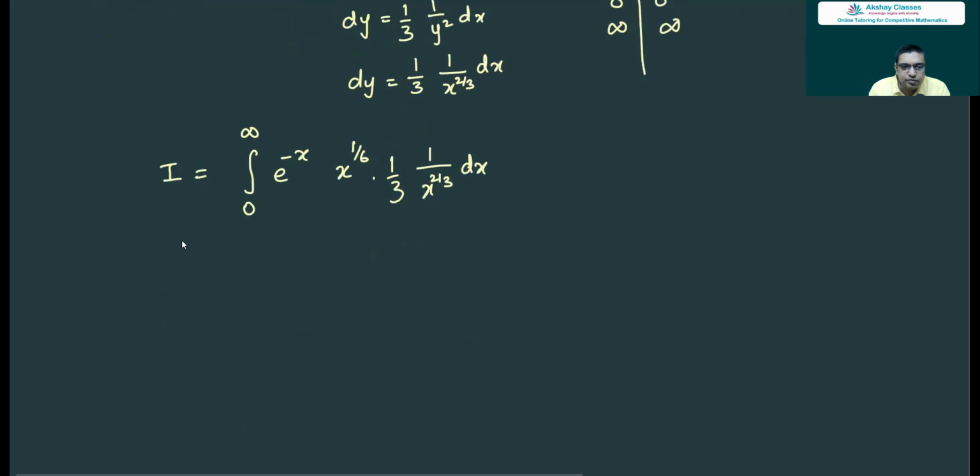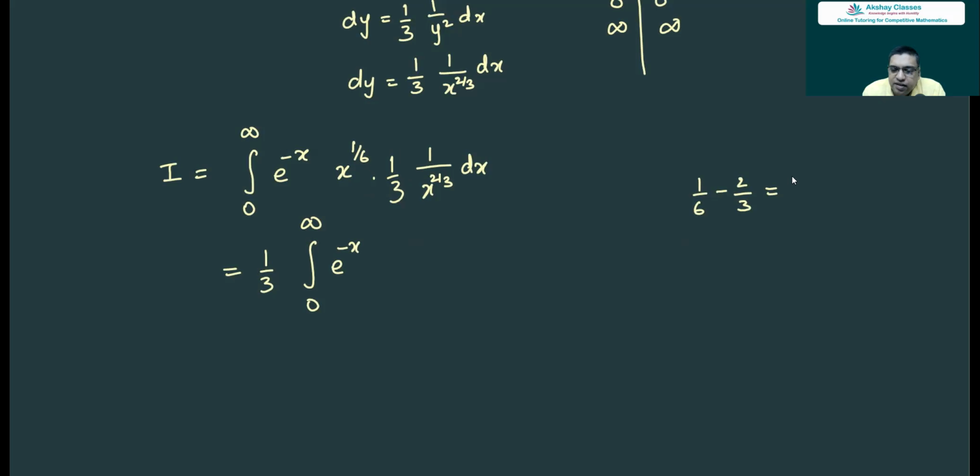So this is 1 upon 3 times integral 0 to infinity e power minus x, and what do we get? x raised to the power 1 by 6 minus 2 by 3. It is 1 minus 4 upon 6, which is minus half.